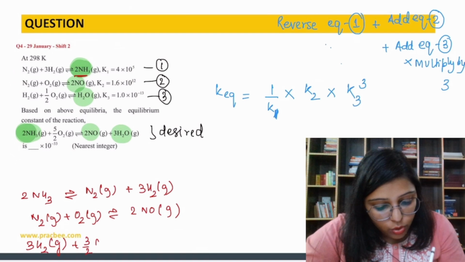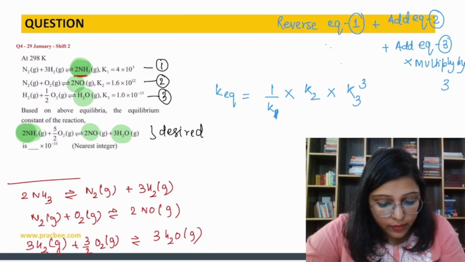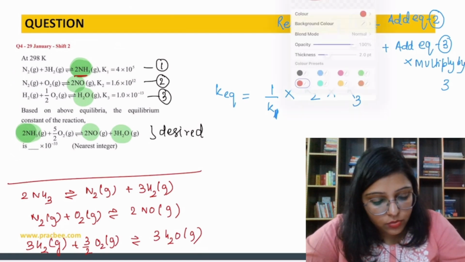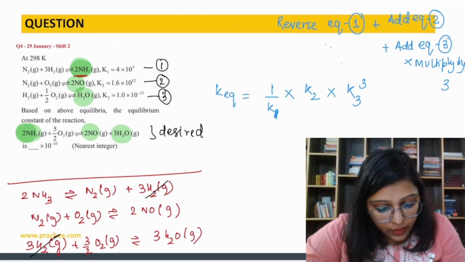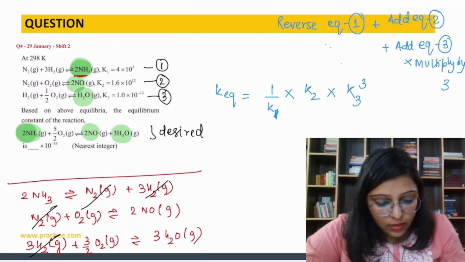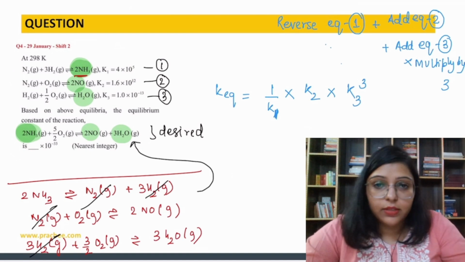So 3 by 2 O2 and it gives 3H2O. ठीक है? Now let's add these reactions. So see, 3H2, 3H2 cancel bete. N2 gas cancel. Now if you add all reactions, you get the desired equation.